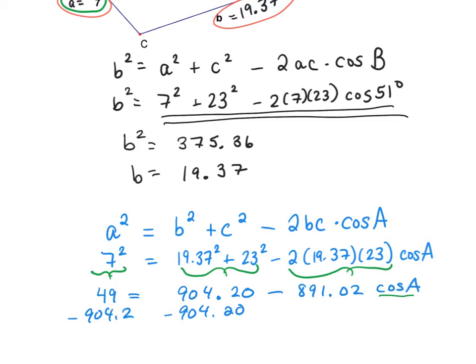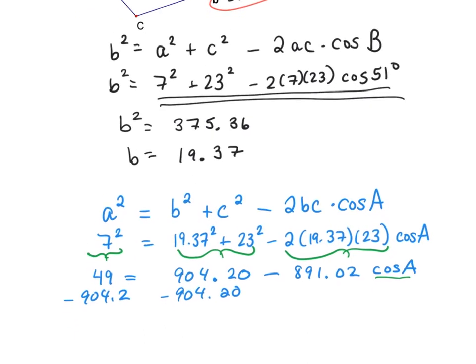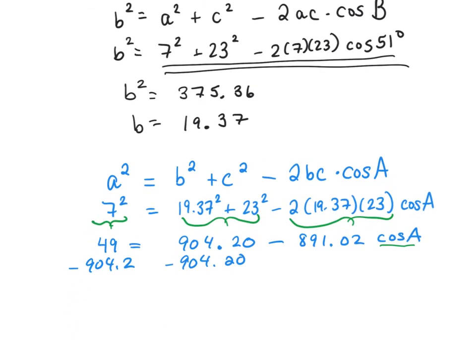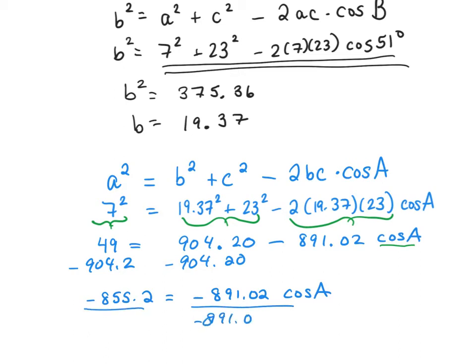So we'll do 49 minus 904.2, which is going to be negative 855.2 equals negative 891.02 cosine A. And then we'll simply divide both sides by the number in front of cosine A, which is negative 891.02.